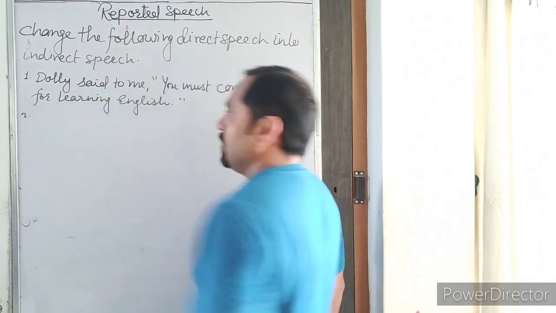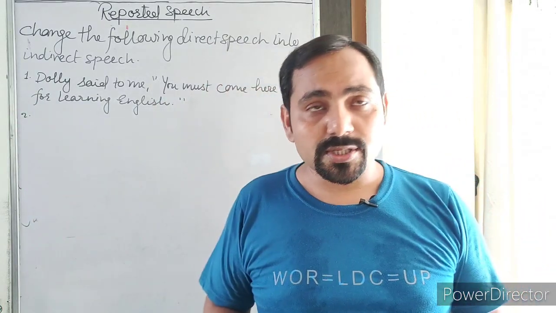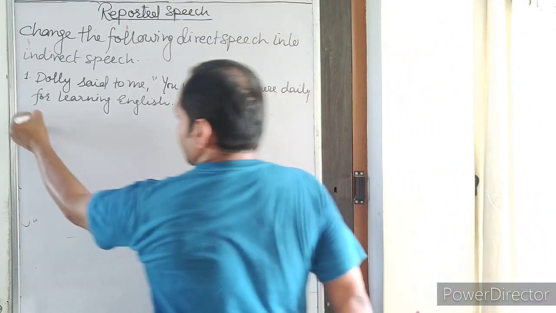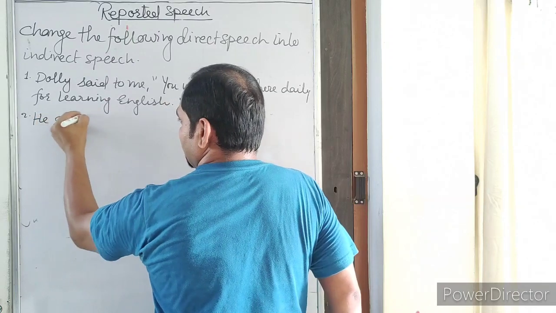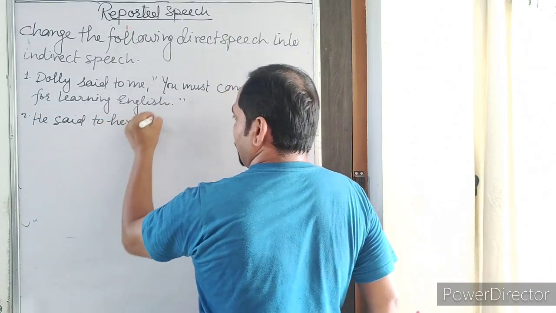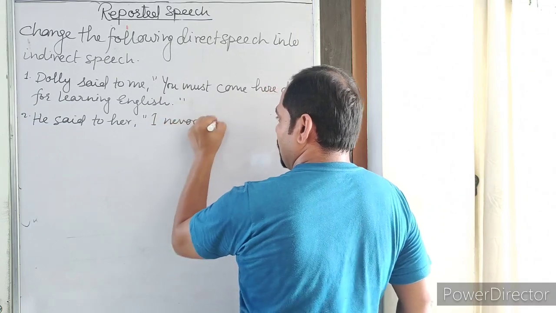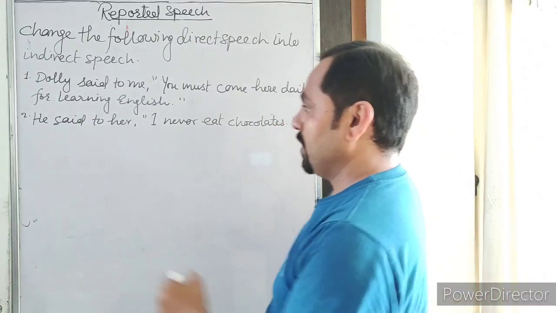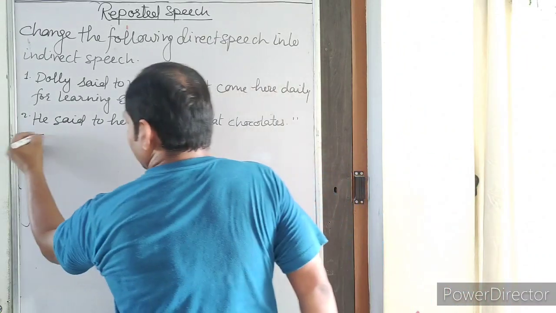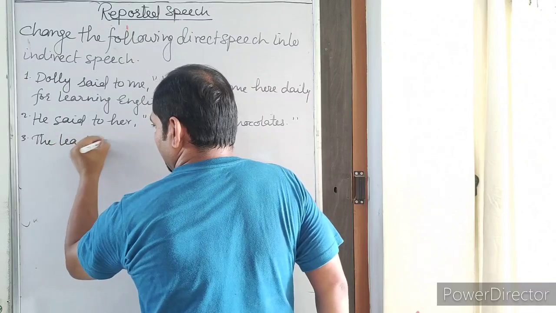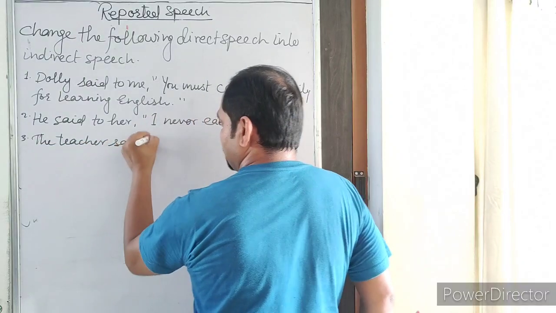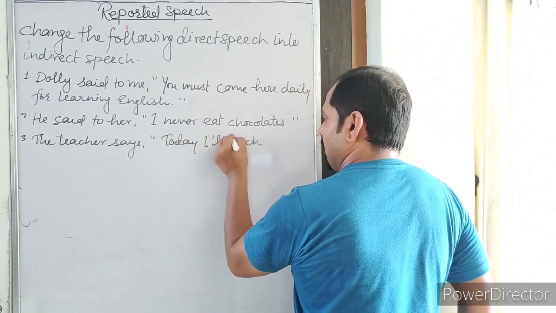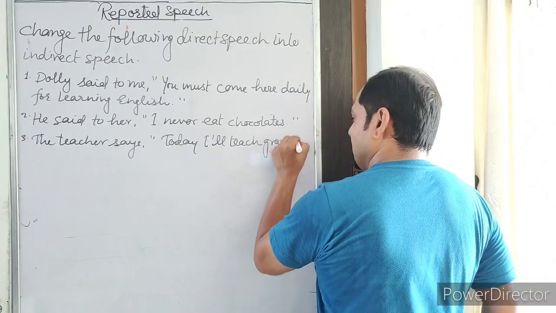Right? Here you will be applying so many rules simultaneously. He said to her, "I never eat chocolates." Let us take another example. The teacher says, "Today I'll teach grammar."